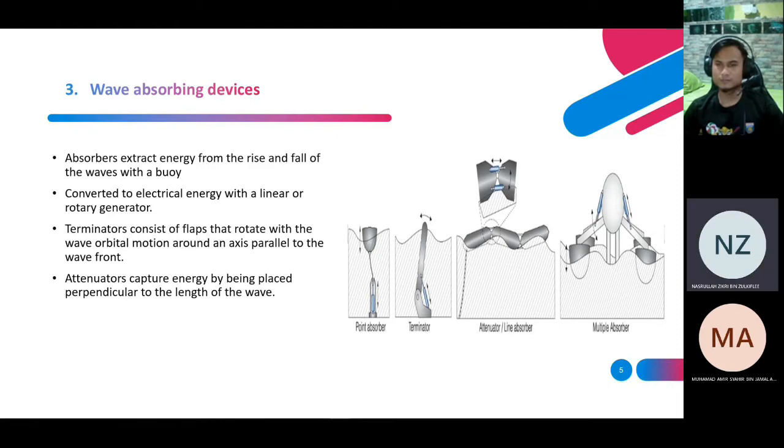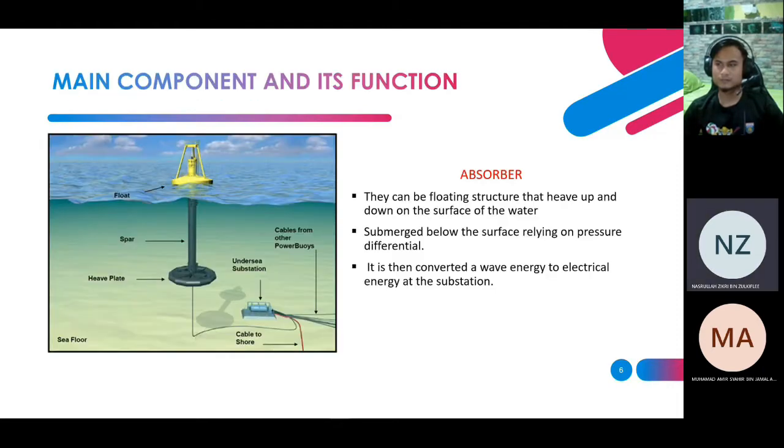So we go to the main components and their functions. Yeah. So you can see this absorber. This component is for the wave absorbing device. You can see that the picture at the top is a float, in the middle is a bar, and the bottom is a plate.